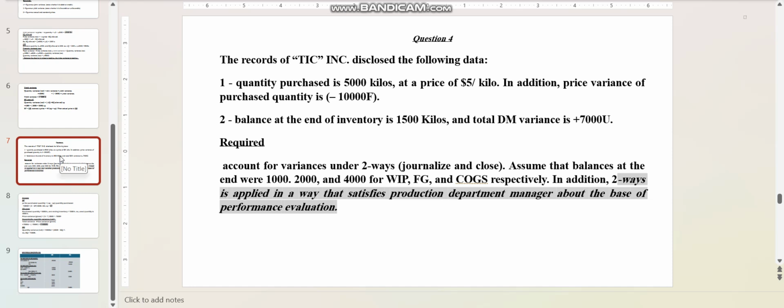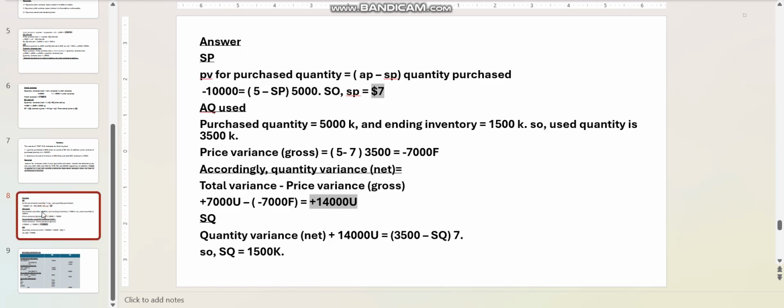Now, to journalize entries, we have first to figure out actual and standard quantities, also actual and standard prices. So first, we are going to deal with how to figure out standard price.